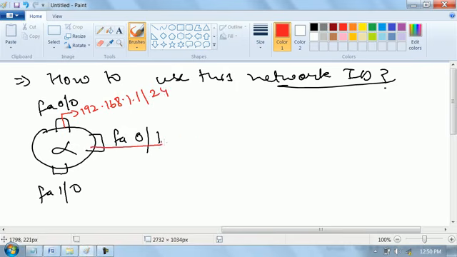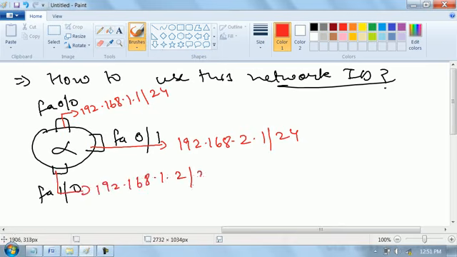On this interface, I am assigning IP... fine. On this interface, I am assigning IP... do I get any problem with this?